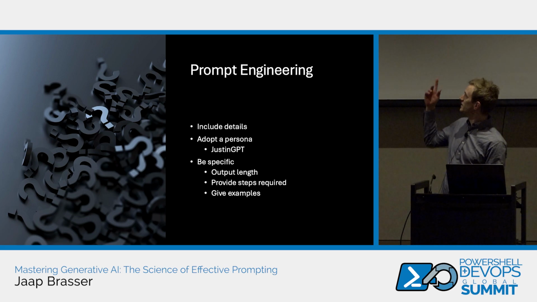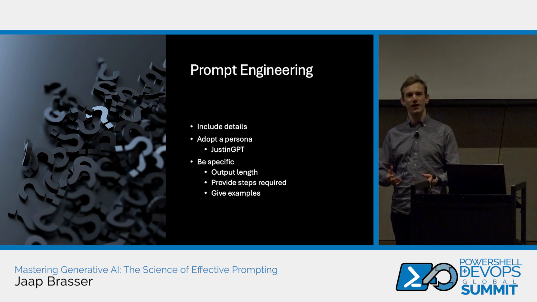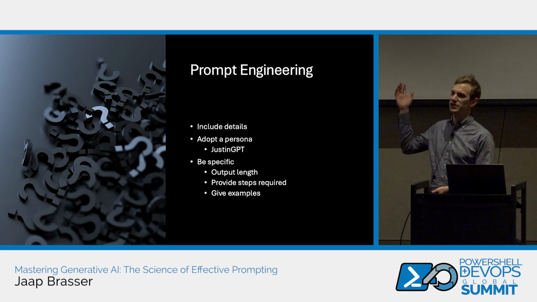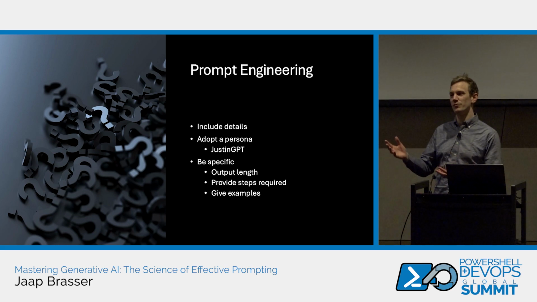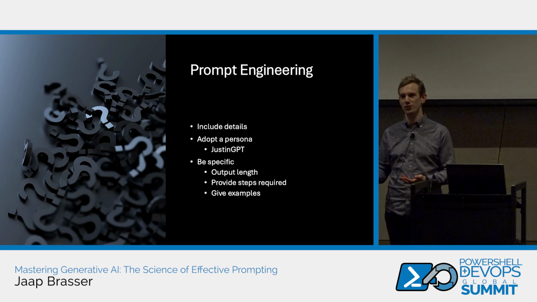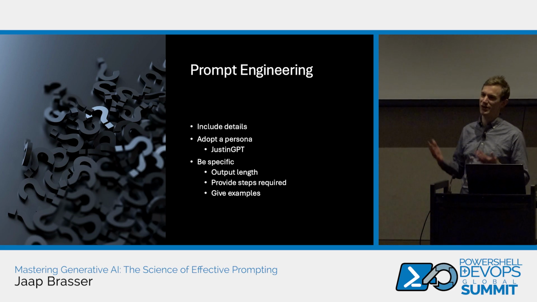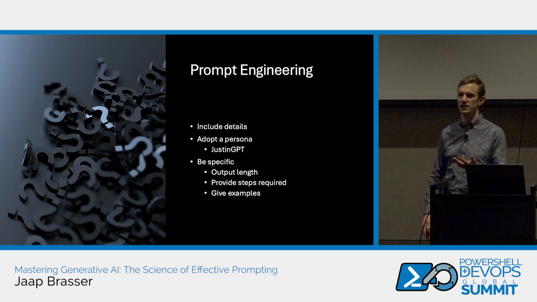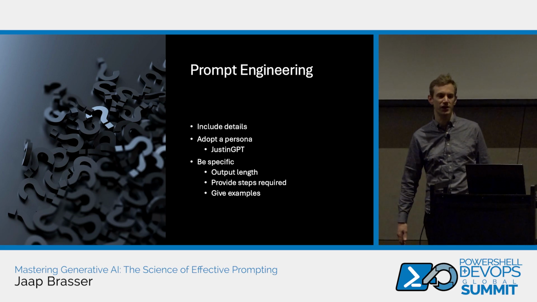One of the things that I did at PSConf EU was I prompted ChatGPT to pretend that it was Justin Groot, and if I would prompt it afterwards for code or PowerShell questions, it would come up with better reasoned answers and better quality code. That one was obviously a bit of a joke, but by putting it in that context and having it reason from that frame of mind, it will get better results.